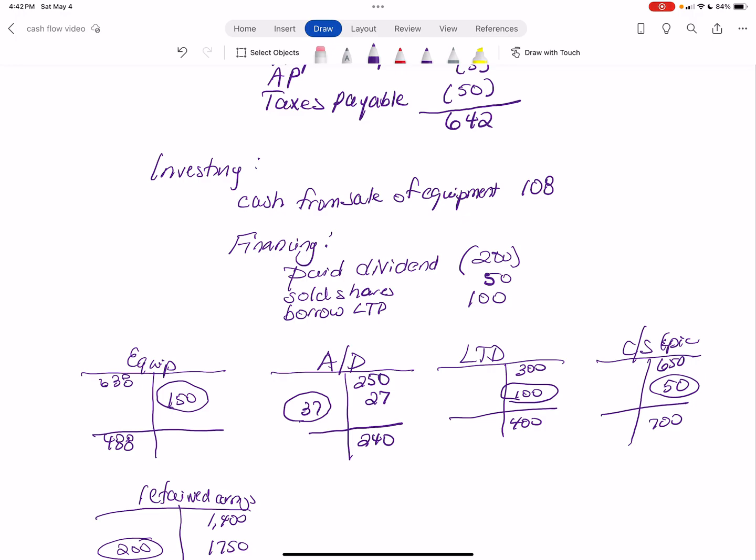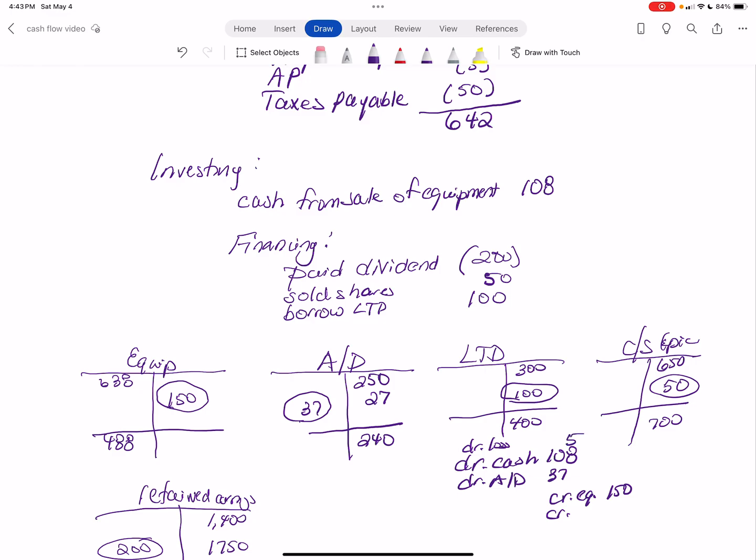So let's see if this entry actually makes sense, what they would have done. So they would have debited cash for the 108, they would have debited accumulated depreciation for 37, credited equipment for 150, and a credit, actually it's a debit to the loss of 5.